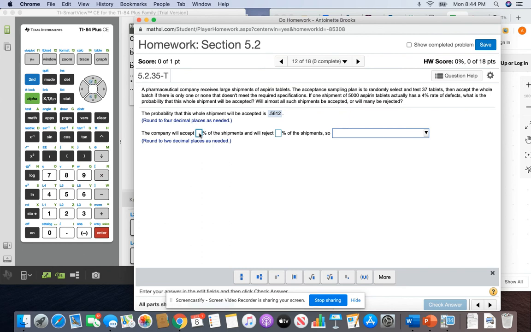So the probability that the whole shipment will be accepted means that 56.12% will be accepted, and 43.88% of the shipments will be rejected.